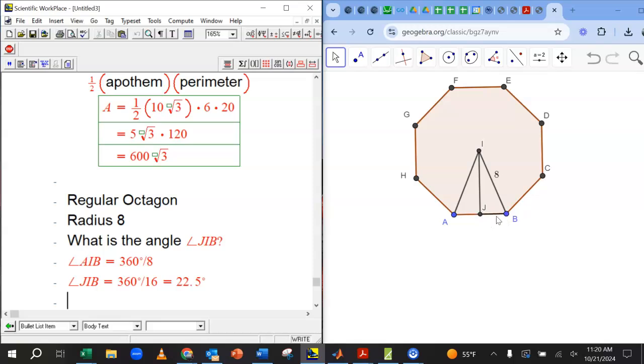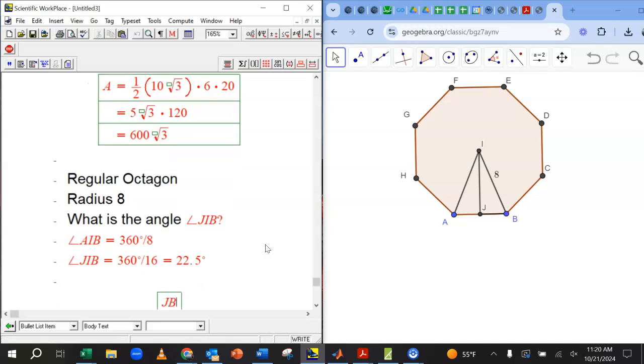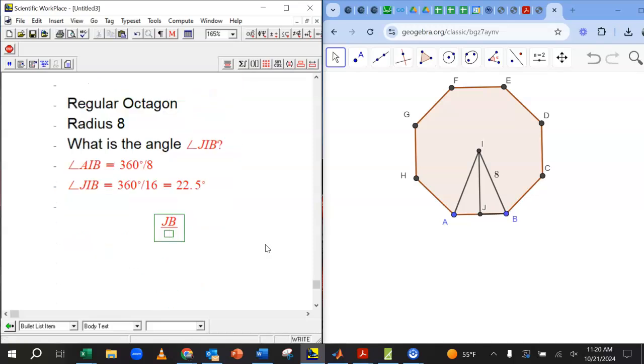We want to find JB and IJ. So what are we going to get? We're going to get JB over 8. That is opposite over hypotenuse. That's going to be sine of 22.5 degrees. Let's let the computer calculate that. Okay.